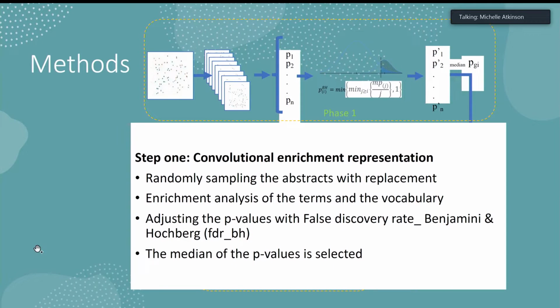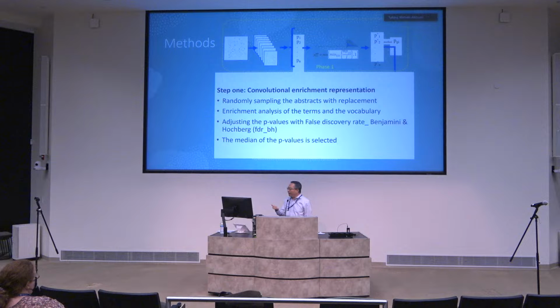As part of this algorithm, the first step is a convolutional enrichment representation to extract useful information from the literature. We randomly sample the abstracts with replacement and perform enrichment analysis on the terms that are biologically relevant. With this enrichment analysis, we adjust the p-value to build the enrichment representation for the disease.